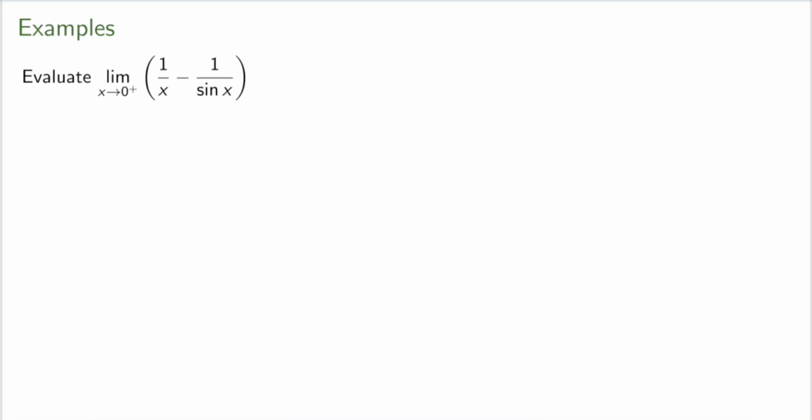Let's do another example. Here we have the limit as x goes to 0 from the right of 1 over x minus 1 over sine x. Okay, so the first function f of x is 1 over x, and then the limit as x goes to 0 from the right of 1 over x is plus infinity.